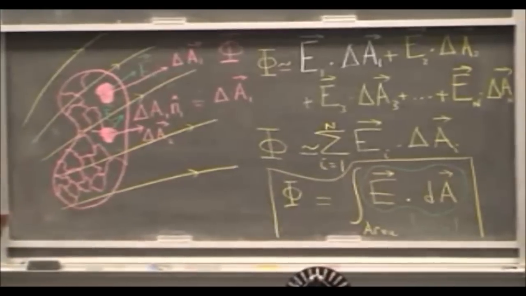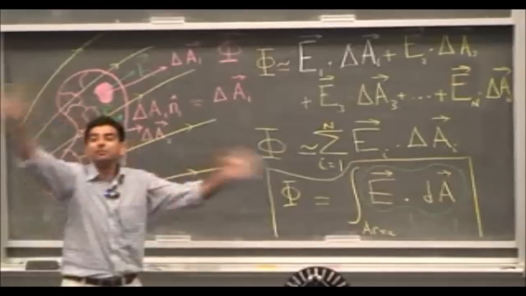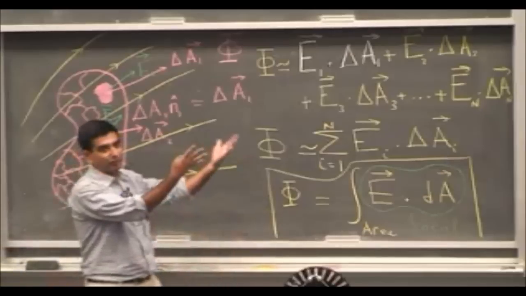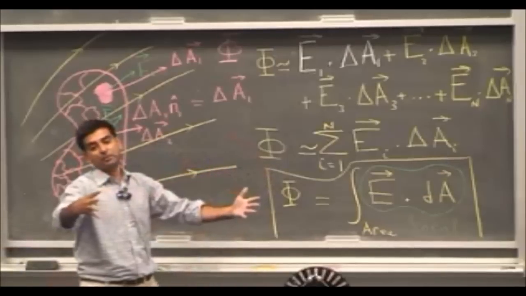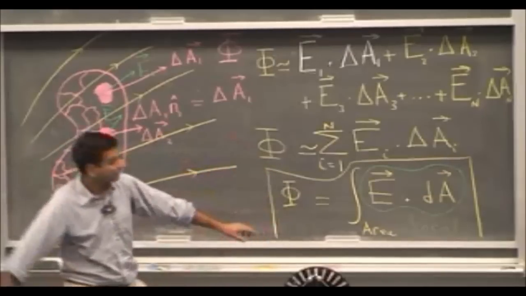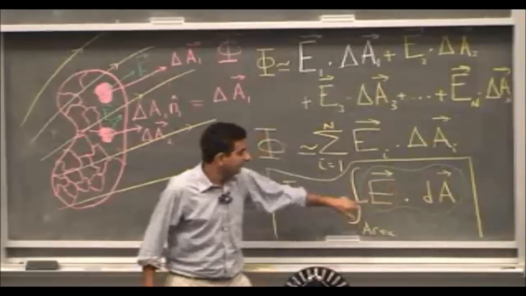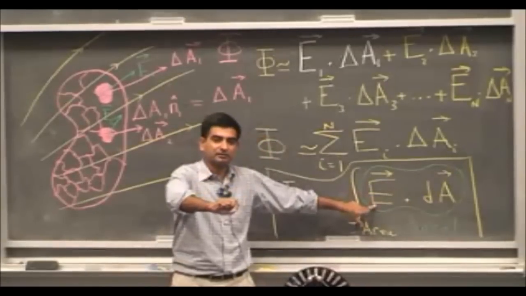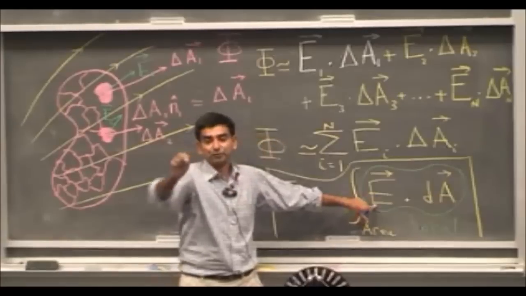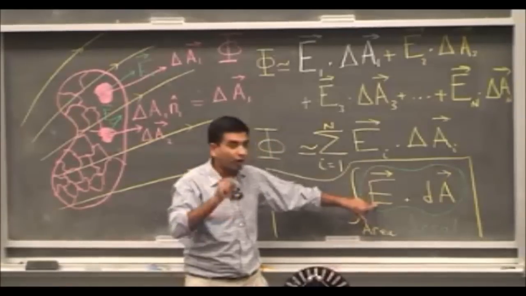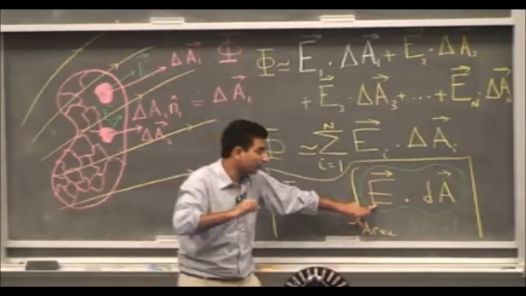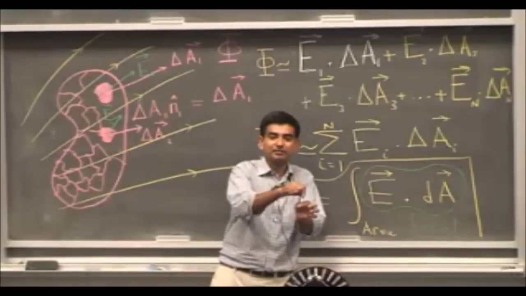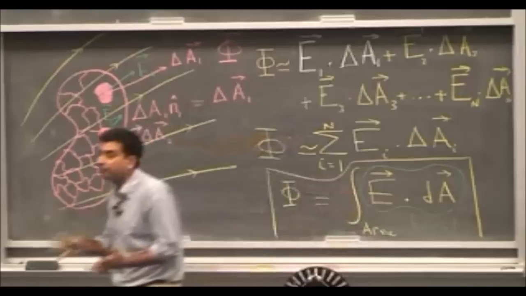So you find out this dot product at all points of interest and then integrate over the area, which means that you sum up over all the points. So this is a local dot product. E is a local field at some point, and this field is going to change from point to point. So you take the dot product of the field at some point with the area vector at that point and integrate. Now let's look at a few practical examples.